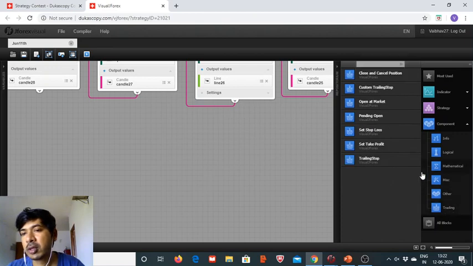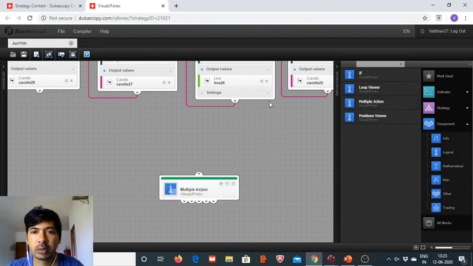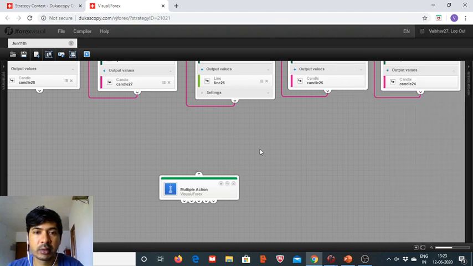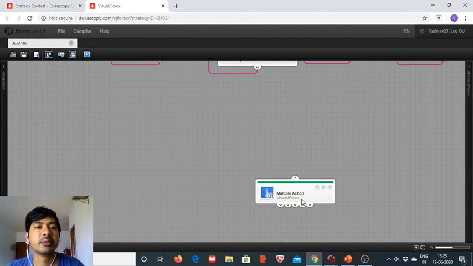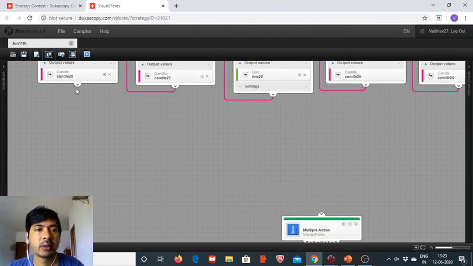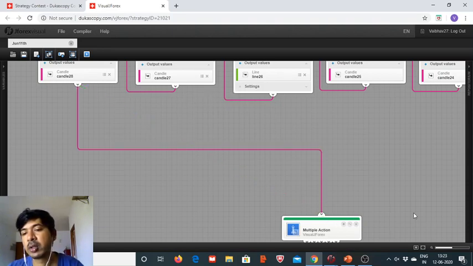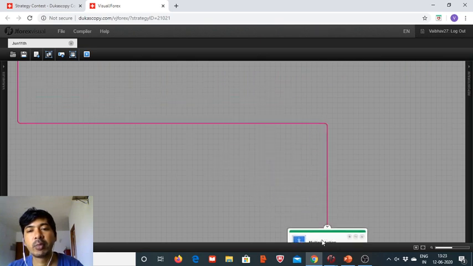Instead we go for a multiple action block. So here it comes, and let us connect this just to make sure that the flow is there on the buy side when we will be connecting the block.